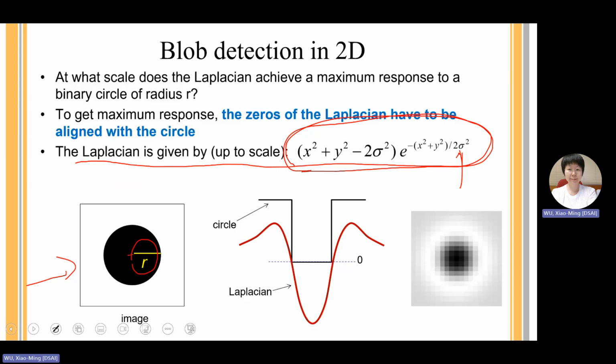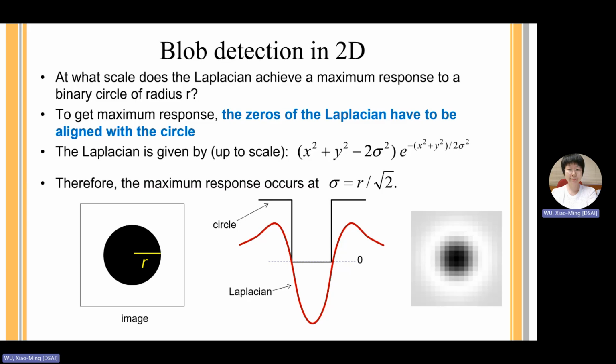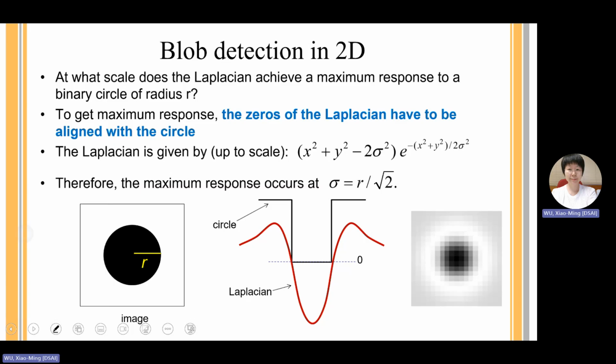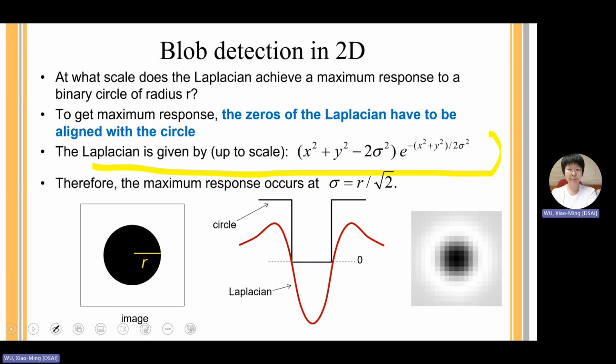The Laplacian of Gaussian function is given. You don't need to know the derivation, but if you're interested, you can derive the Laplacian of Gaussian. Let's just assume the Laplacian of Gaussian can be written in this form.